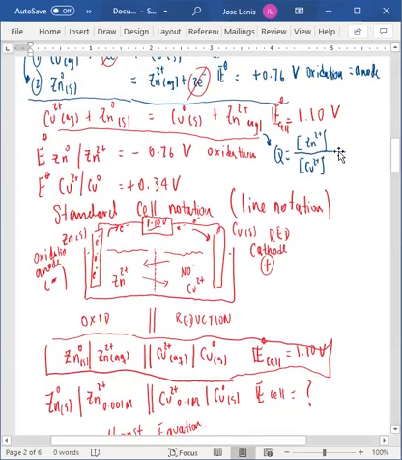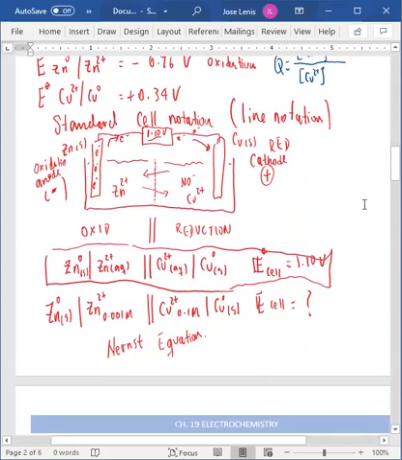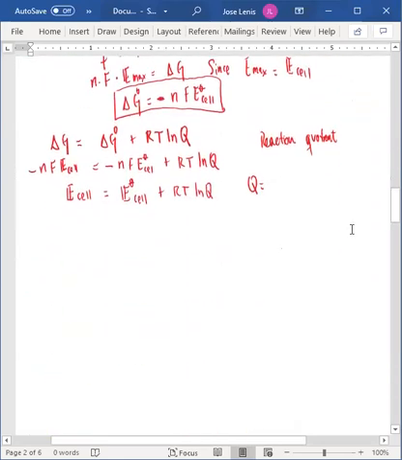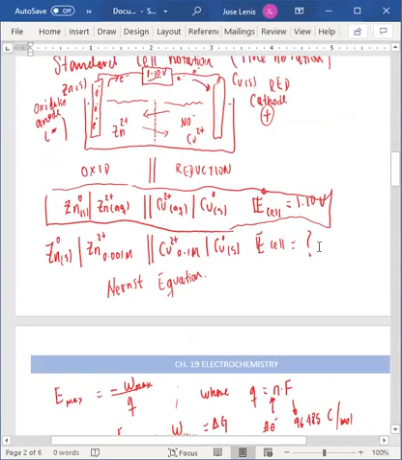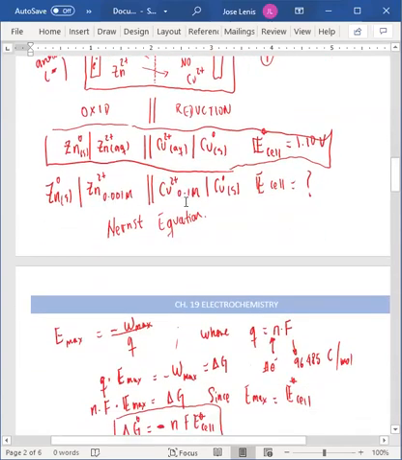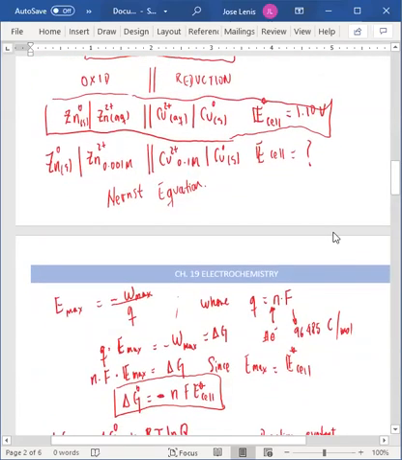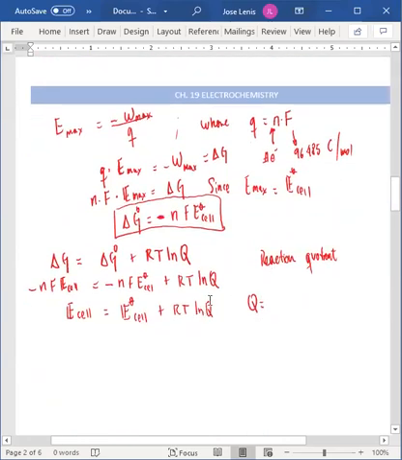And what is the reaction quotient? Whatever you have initially. So for this case, we have initial concentrations of copper 2+ and zinc 2+. So with those numbers, you can find the reaction quotient and find the potential of the cell using different concentrations.